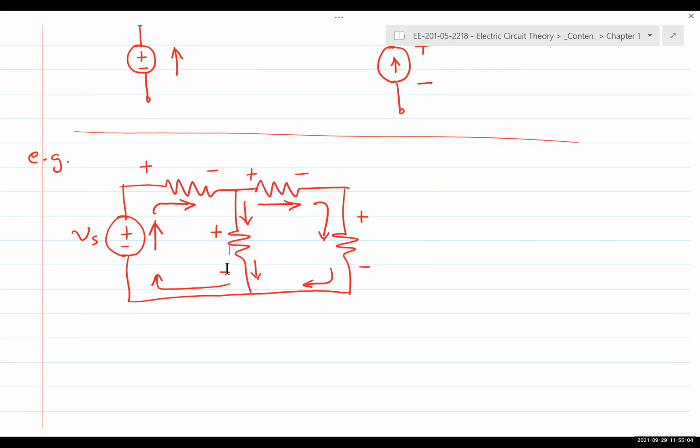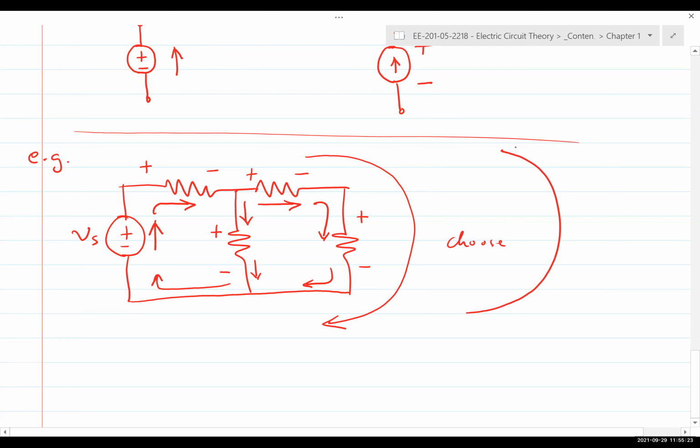So we are choosing the current to go like this, but you could choose it going the opposite direction this way.